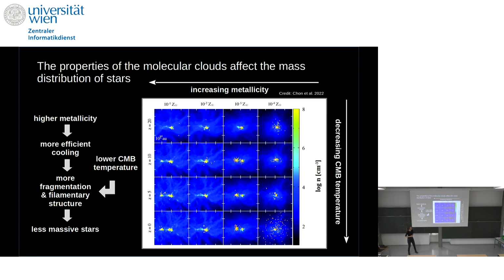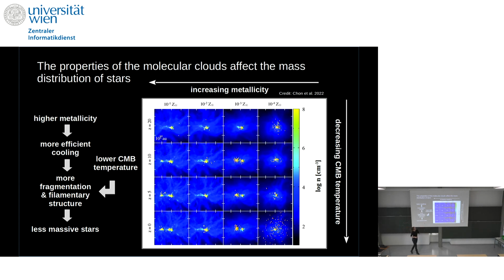If you have no metals, that's the very right column. As you go to the left, the abundance of metals in the gas increases. And then the question is, how many massive stars compared to low mass stars do you produce, and what does it depend on?